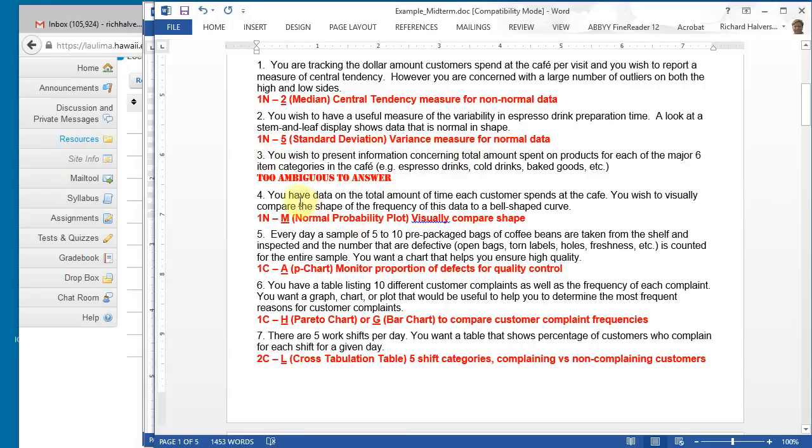Okay, number 4 here, you have data on the total amount of time each customer spends in the cafe. Okay, so we're looking at time. That'd be numerical, and we want to visually compare the shape of the frequency of the data to a bell-shaped curve.